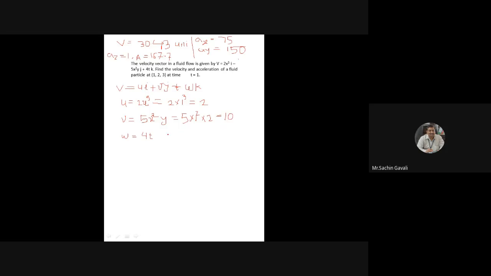Okay, and w is equal to 4 units, and the resultant velocity V is equal to the square root of u square plus v square plus w square. That is your equation.